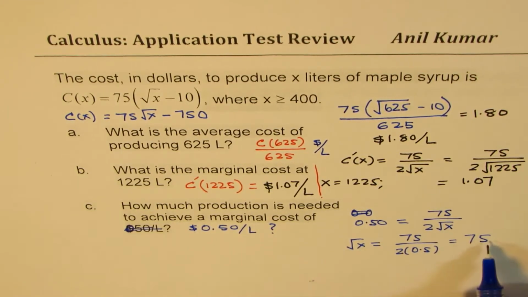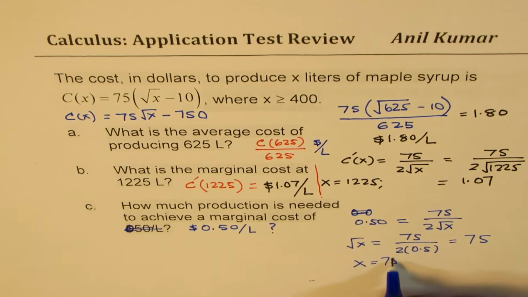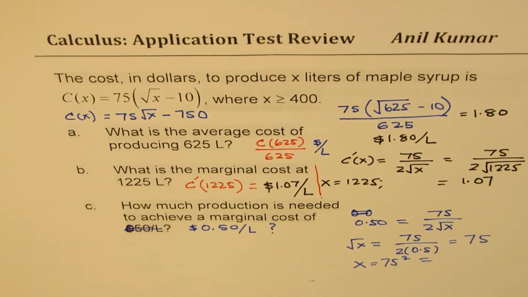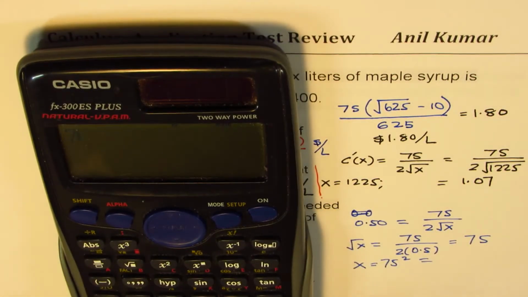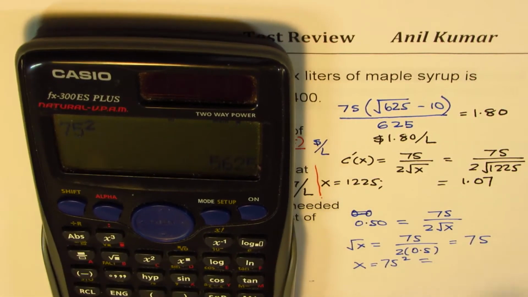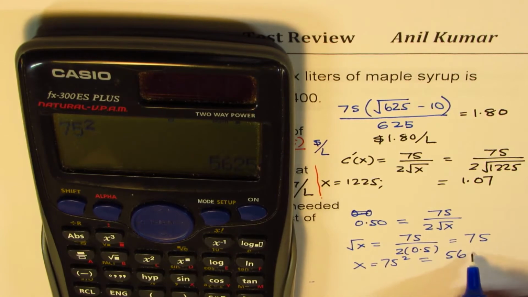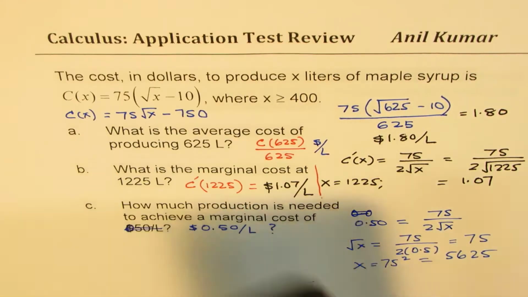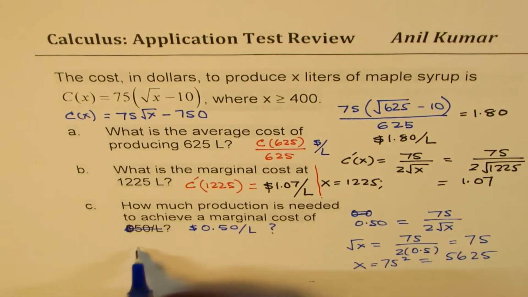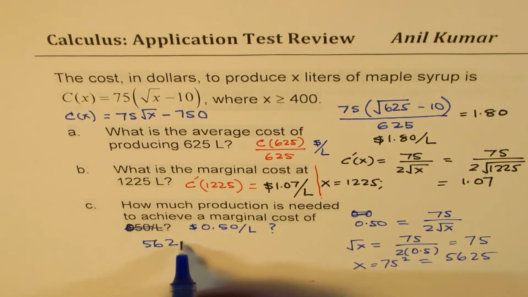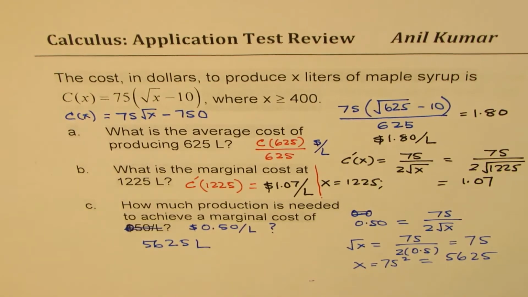And then x is the square of this, right? So x is equal to 75 square, which is 5625, correct? So the answer is 5625 liters.